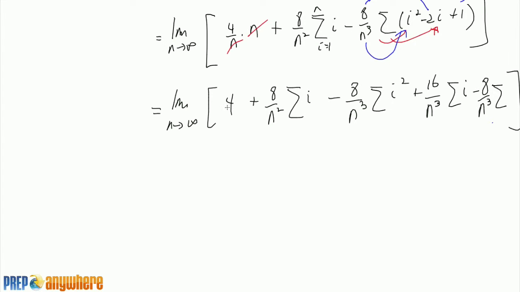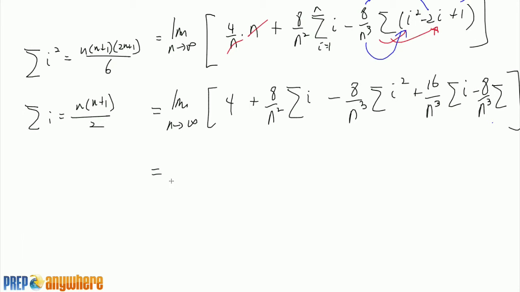Okay, so now we have to use this formula, that's over 6, and this formula. Okay, we've got to use those two. Okay, so the 4, you can just leave it at the front.